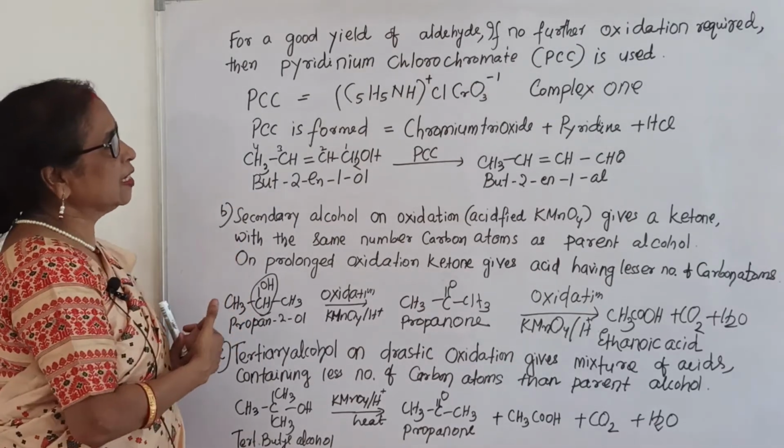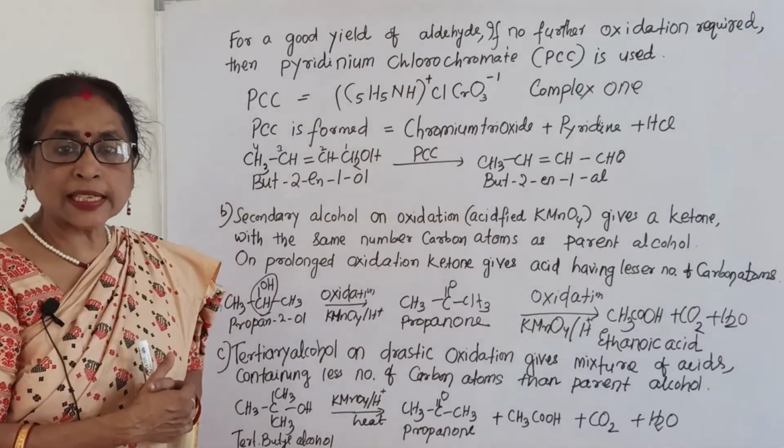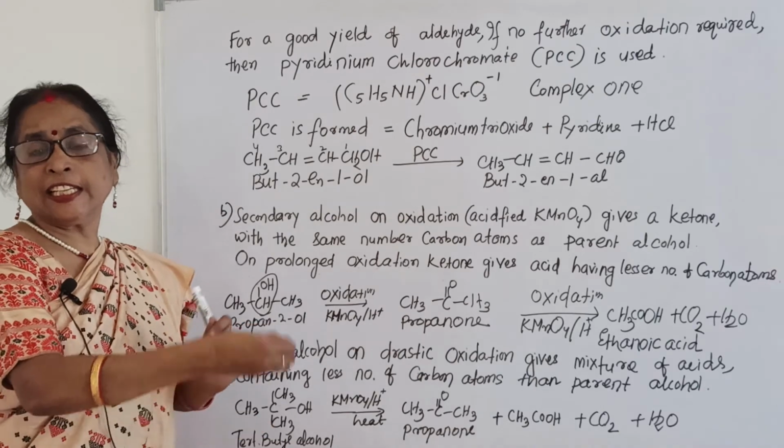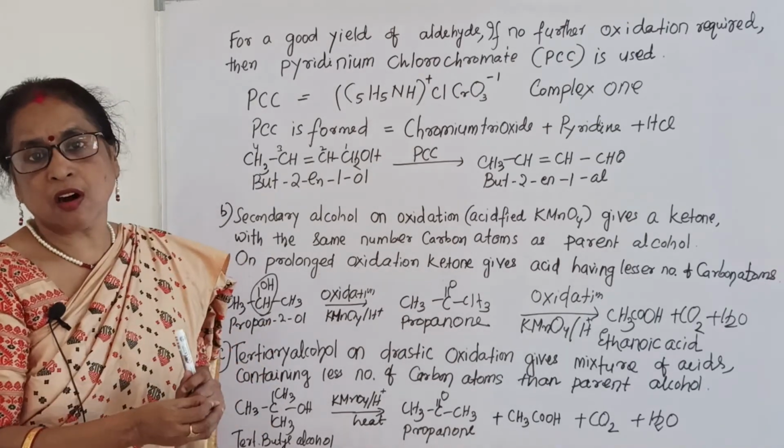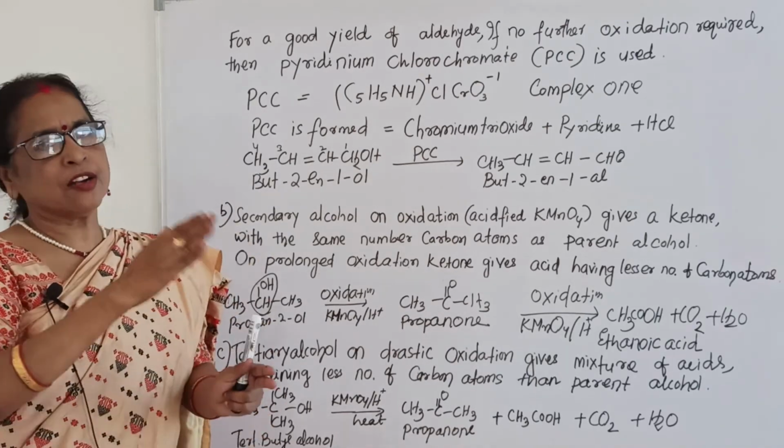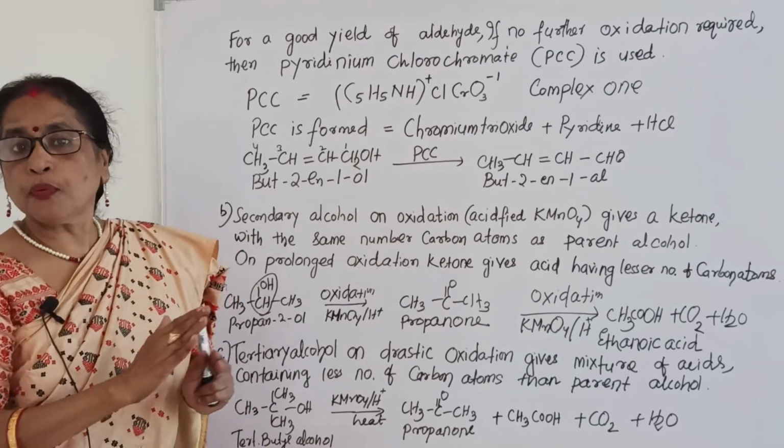Now what happens by using PCC? When you use PCC in the oxidation of primary alcohol, it gives only aldehyde, with no further oxidation.